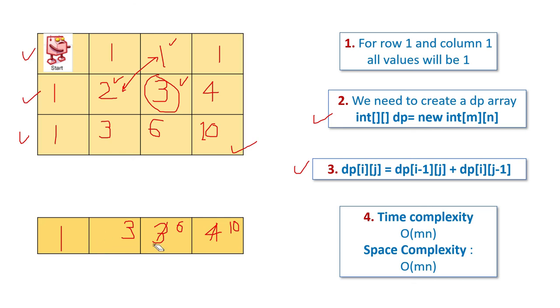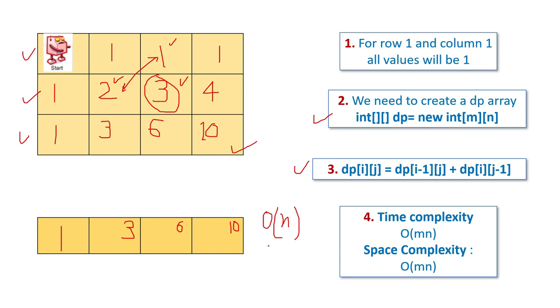If I remove this, it will be more clear. So this is the way also we can get the answer. No need to take the full 2D DP array, in a single DP array also we can do it. That time the space complexity will be O of n or O of m. You can take the minimum of them.